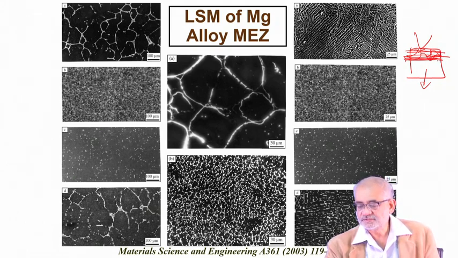Then after the beam is withdrawn, the pulse is off, or the beam moves away from here to here. So this is how the molten zone penetrated into the depth, and this is the final solid-liquid interface position. By the time the beam moves away, this portion will now go back.